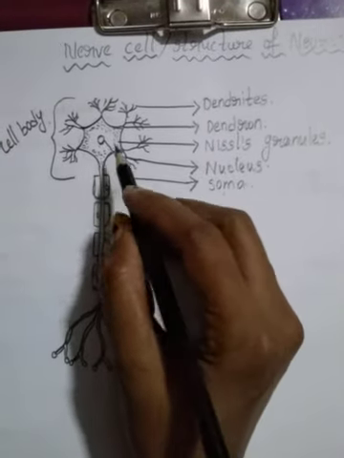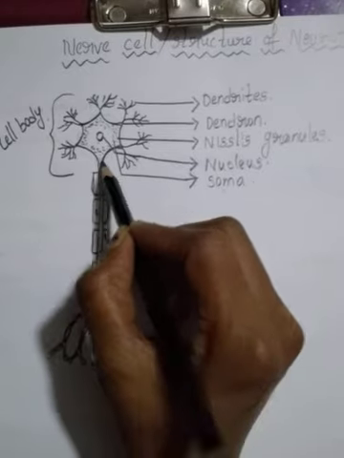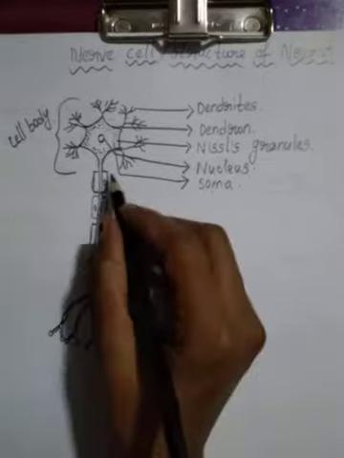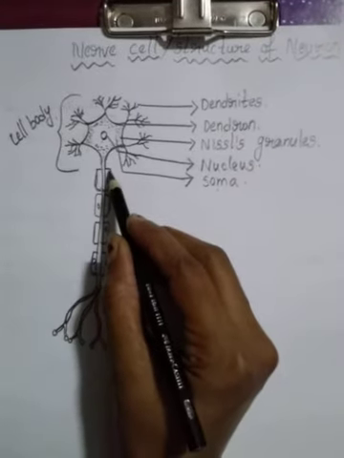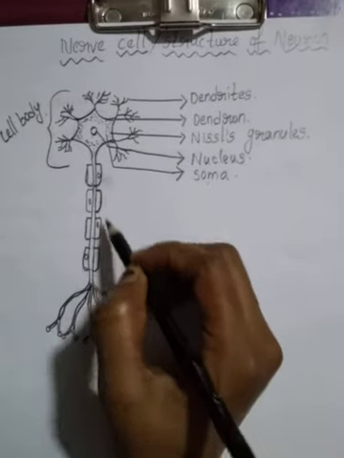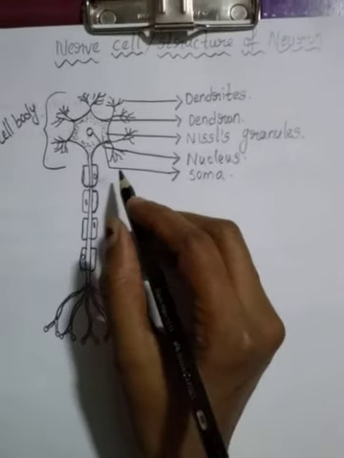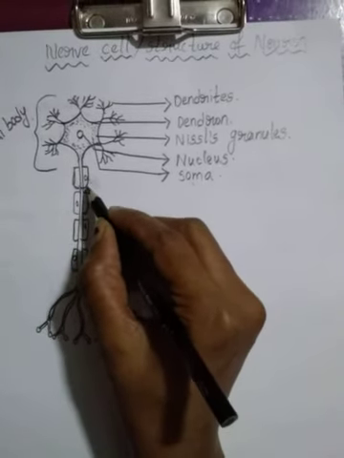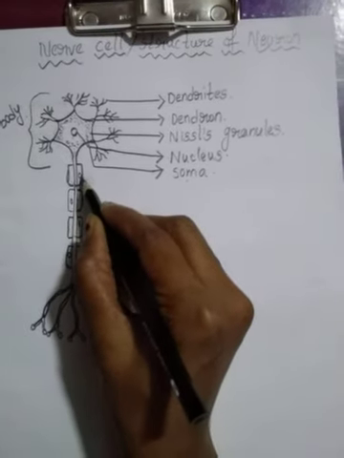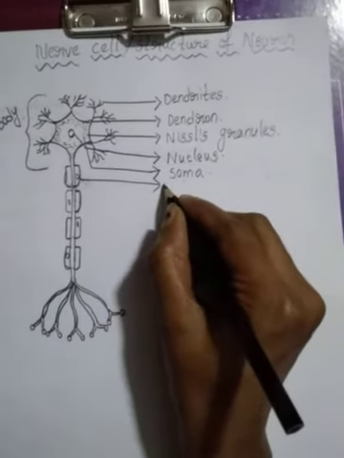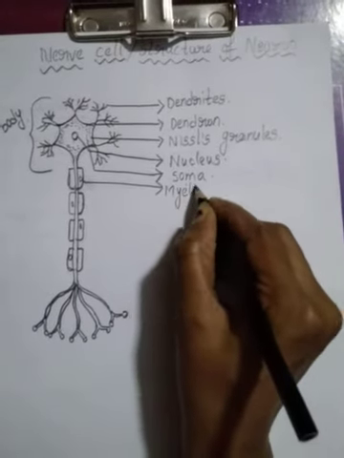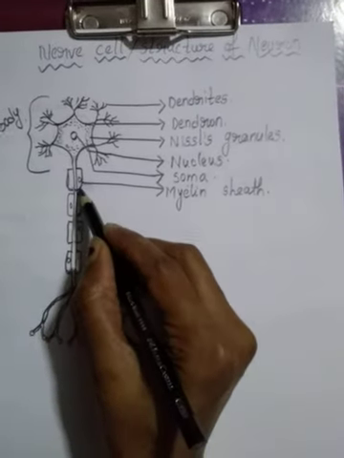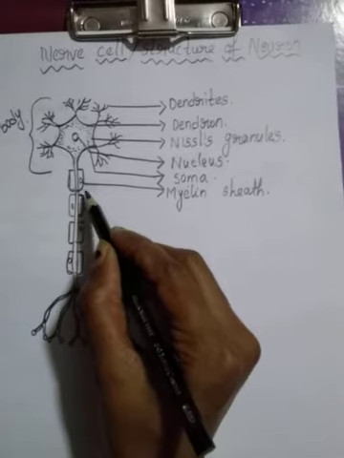Okay, next, this cell body is continuous with this. From here, the myelin sheath is there. This myelin sheath will continue till the end of the axon. This myelin sheath has some gaps between the box-like structures. Between two myelin sheaths, we can find a node-like structure or a gap.